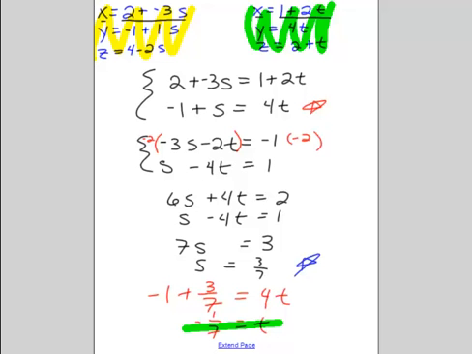I was able to find s and t, so when I substitute in the 3/7 for my s values and do the multiplication, I don't get the same value when I plug in my negative 1/7 for t. So when I take this negative 1/7 and put it in here, z is supposed to be 2 minus 1/7, which is 1 6/7.